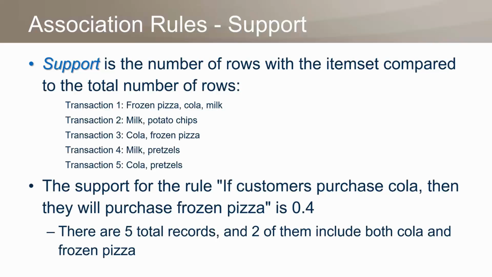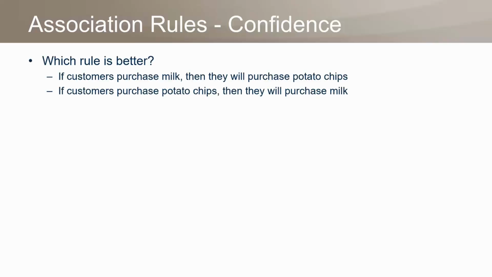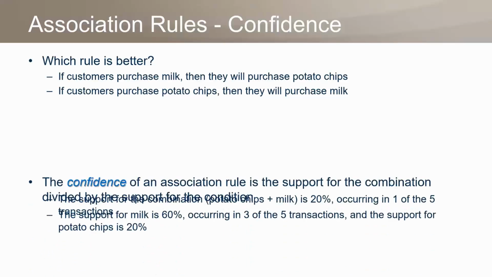Whenever milk is there, it's not necessary that potato chips is also there. Milk is multiple times in the data set without potato chips. Therefore, it seems like the rule, if customers purchase potato chips, then they will purchase milk, is somehow better than the opposite rule, if customers purchase milk, then they will purchase potato chips.